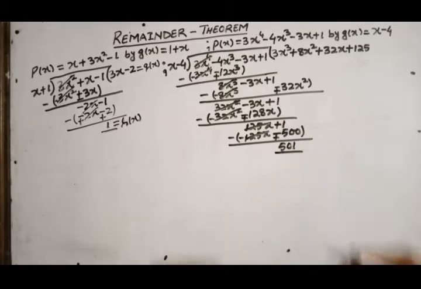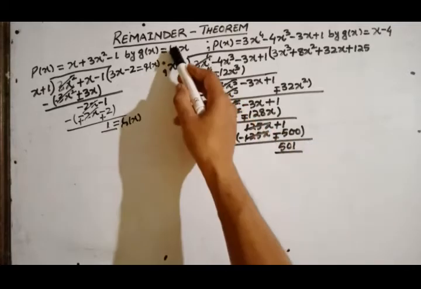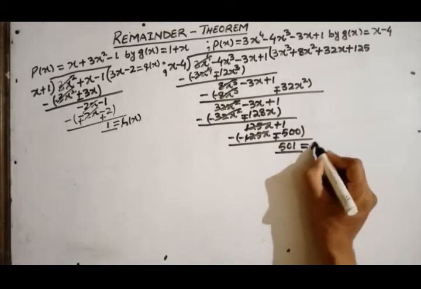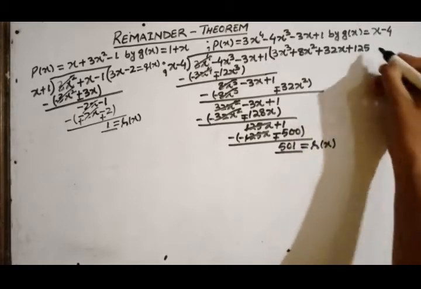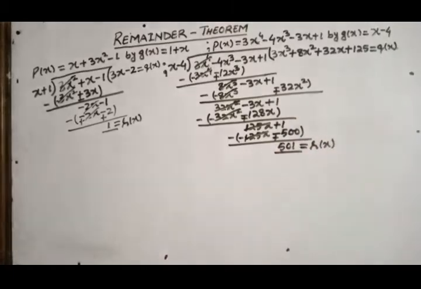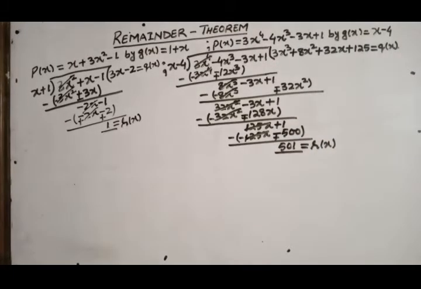At this stage, you may observe that the degree of remainder is less than the degree of divisor g(x). That's why the division stops here, and we will declare that remainder r(x) is 501 and quotient q(x) is 3x cube plus 8x square plus 32x plus 125.